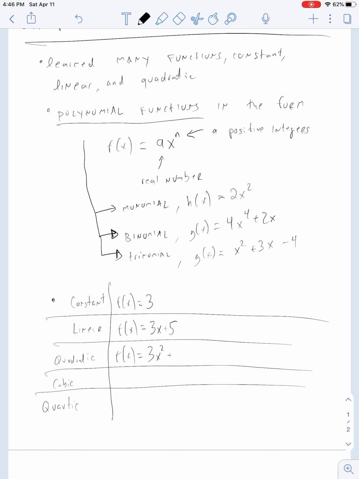Quadratic now has that power of 2. Cubic will have a power of 3. Quartic will have a power of 4. Let's call this the type of function.